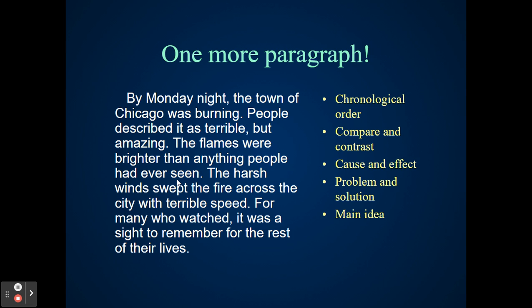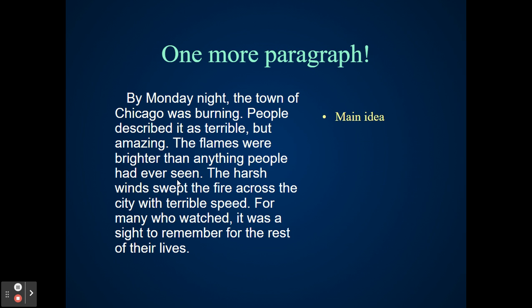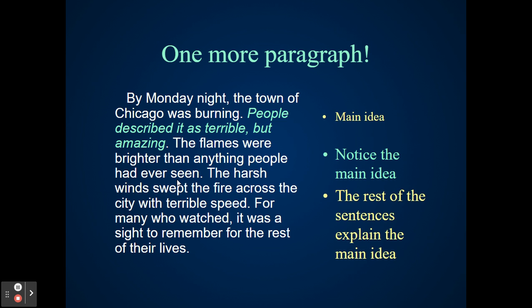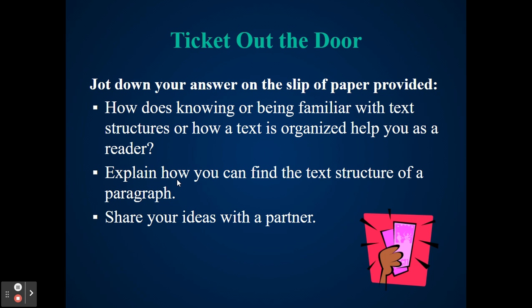All right, one more. Pause the video, read the following. All right, it says people described it as terrible but amazing. There's your main idea. And then the rest of the sentences explain what that means.